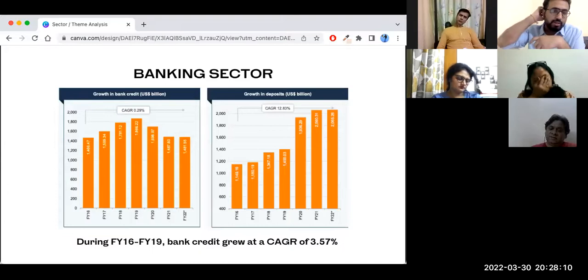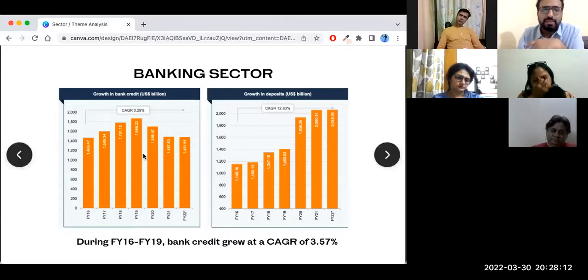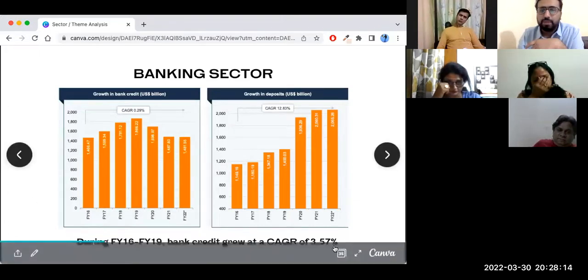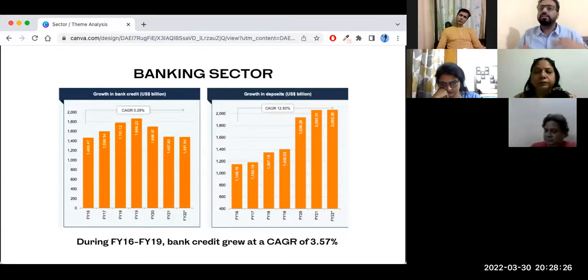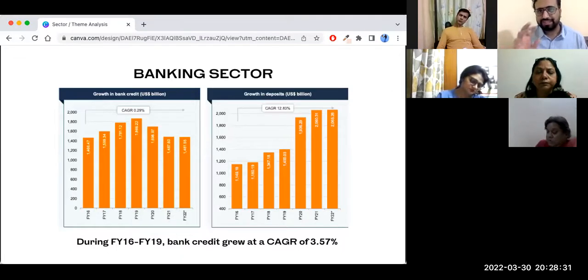You can see from 2016 to 2019, bank credit grew at 3.5%. The amount of loans given by the banking sector grew at 3.5%. Let's keep that number for now.